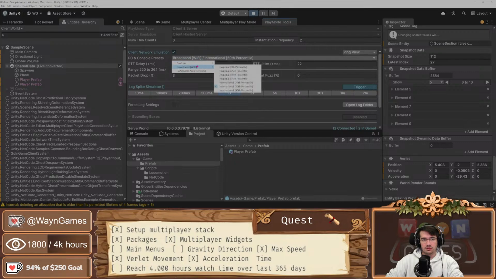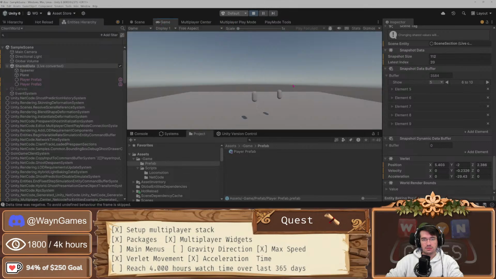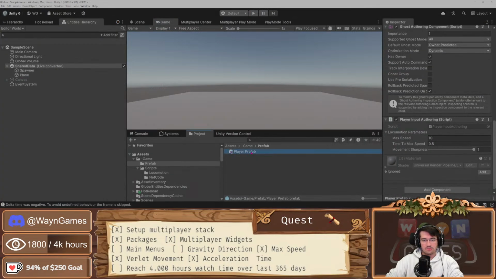Let's try with the LAN one. No, it's not really better. Is it? Doesn't seem better. Why is it stuttering now that I have a bigger acceleration?